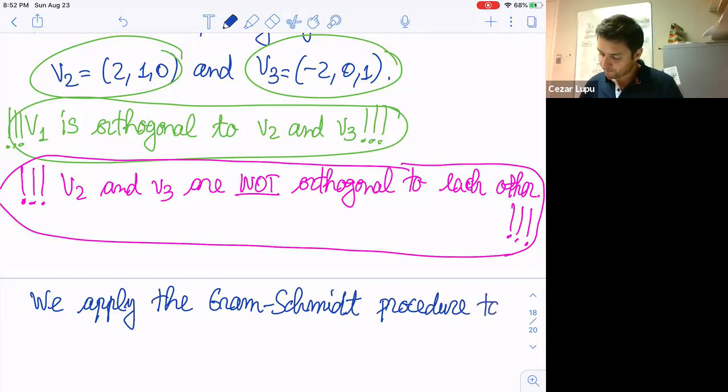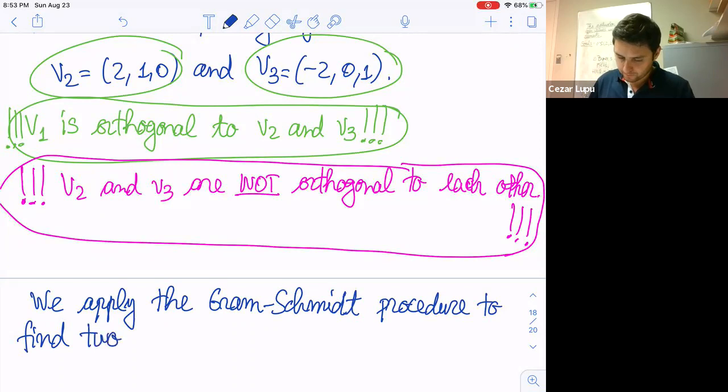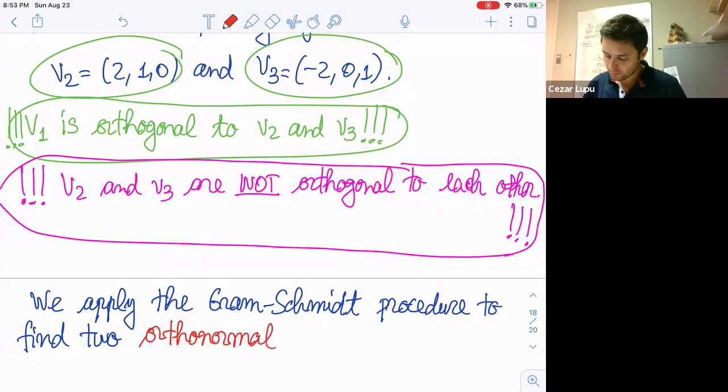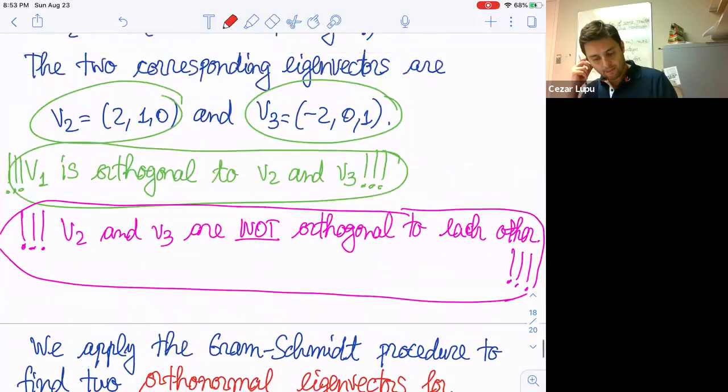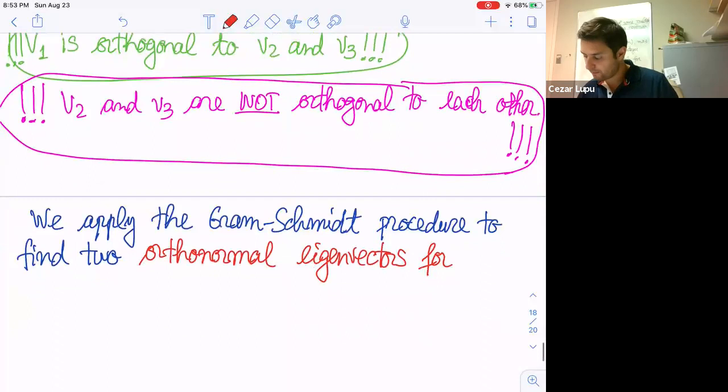to find two orthonormal eigenvectors for lambda 2 equals 3.